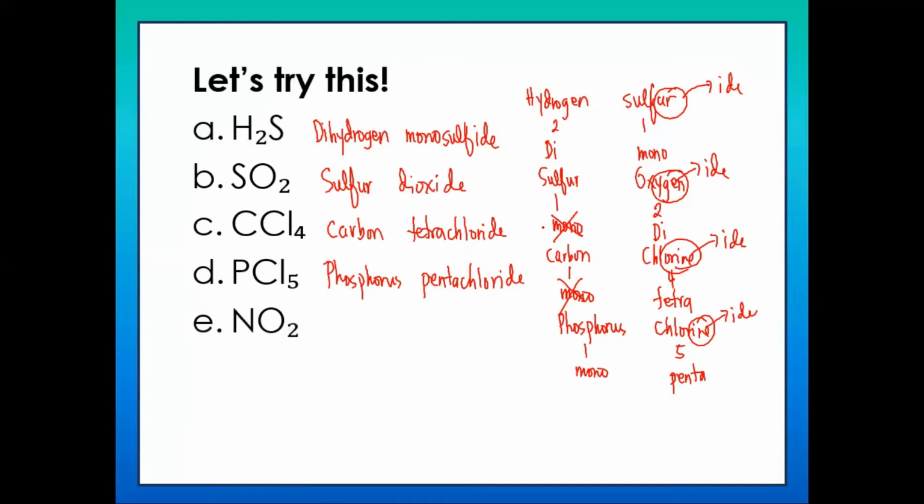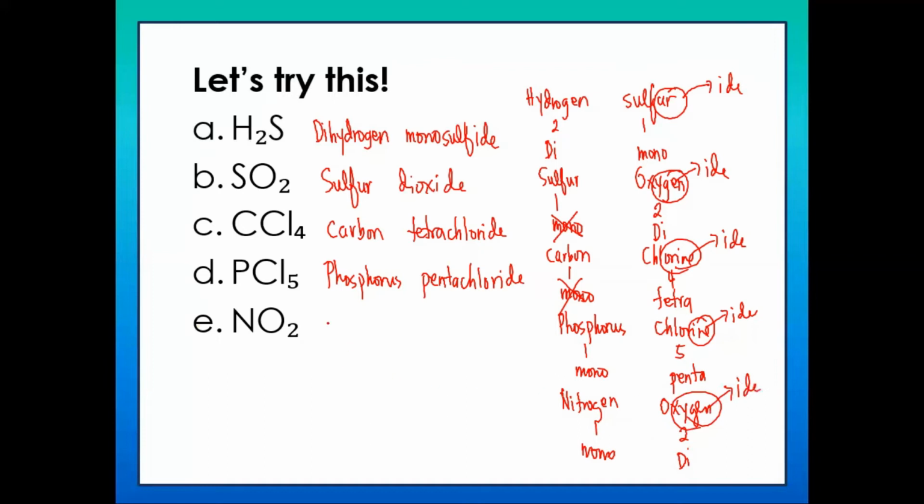Now, last, which is NO sub 2. So, we have nitrogen, 1 atom for this particular formula for the element nitrogen, that means mono. And for the oxygen, we have 2 atoms, and that is di. Change the suffix into IDE.